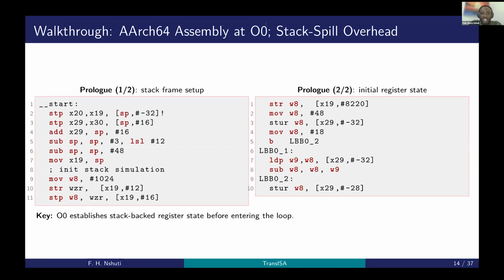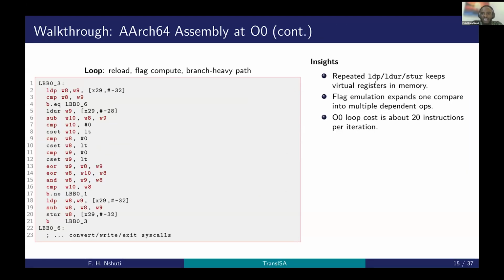Yeah, we can see that at zero optimization, we have the stack spill overhead. It means that we have many LDP, LDR, and STR instructions that are keeping the virtual registers in memory, because we are almost simulating every register behavior from the source x86 instructions and translating to this code.